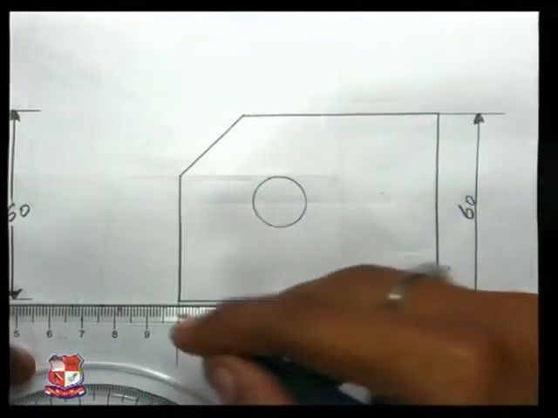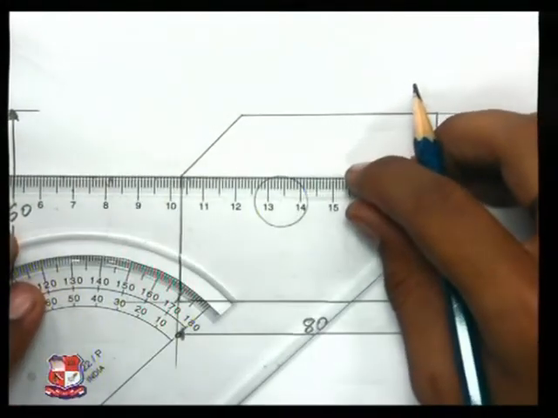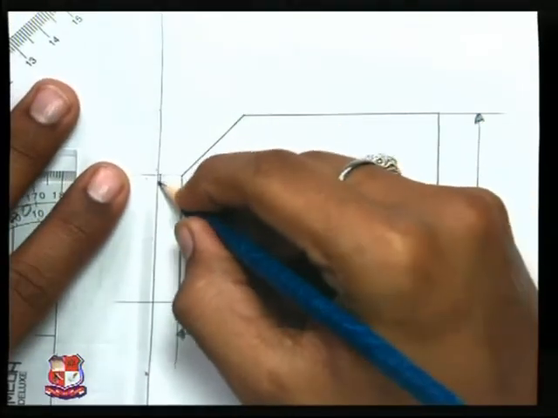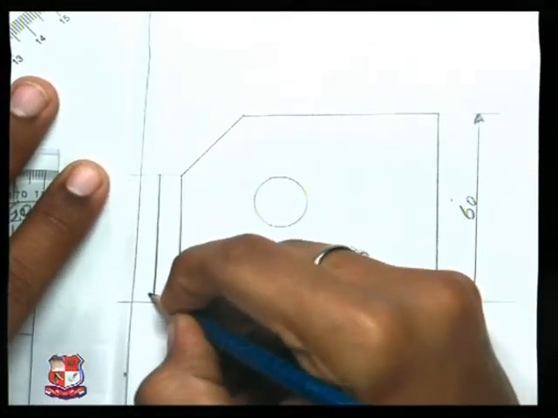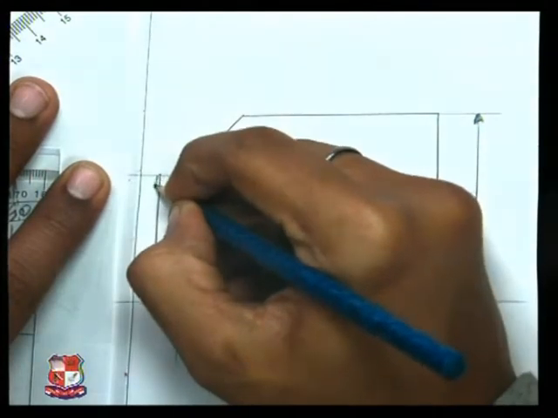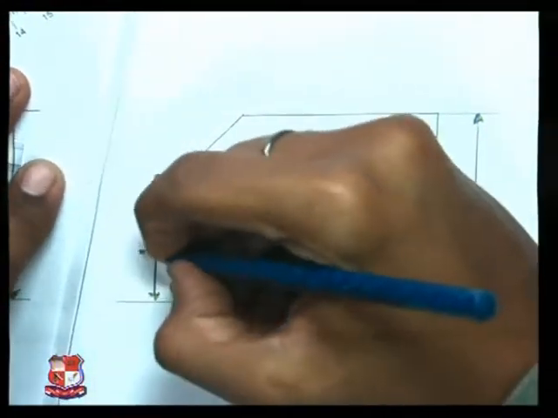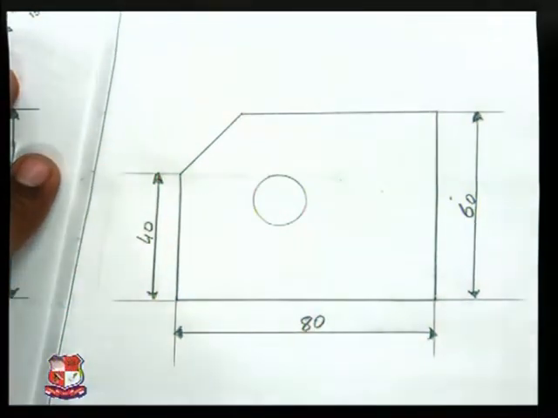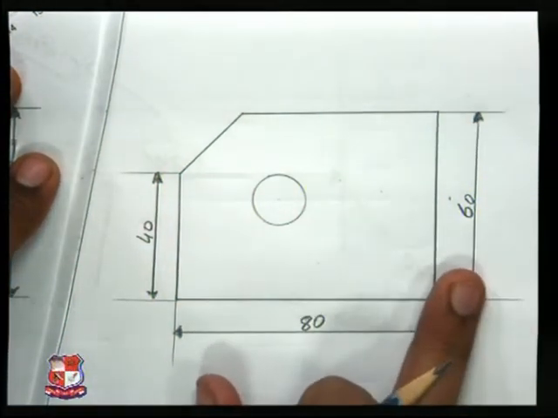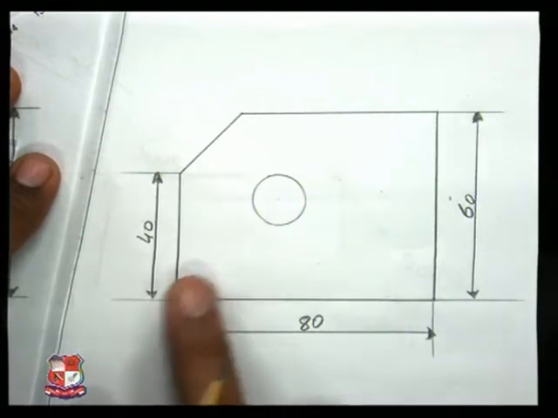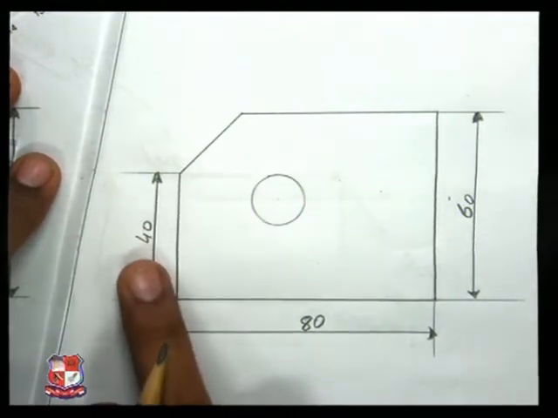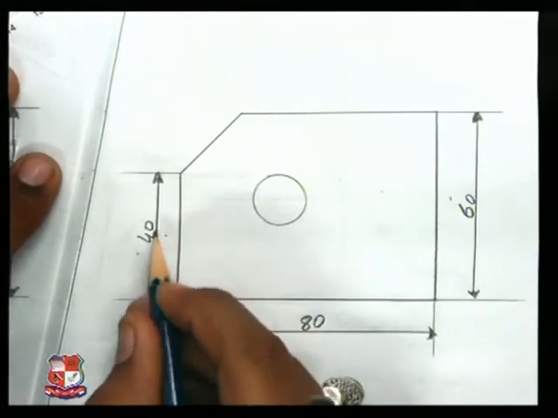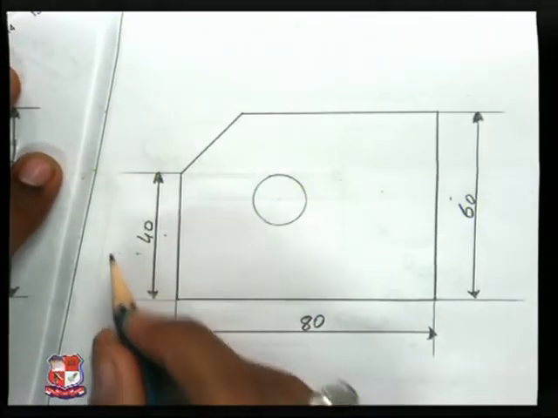Same way on another side of vertical. As I said, dimension should be above dimension line. That's why dimension is written over here, not on this side. Dimension would be above dimension line.